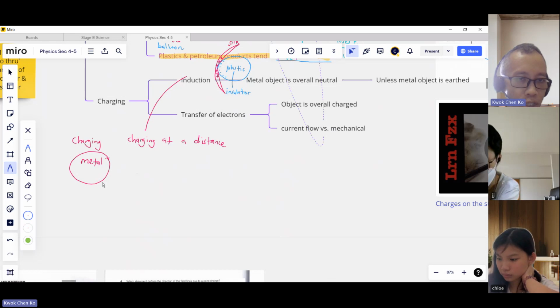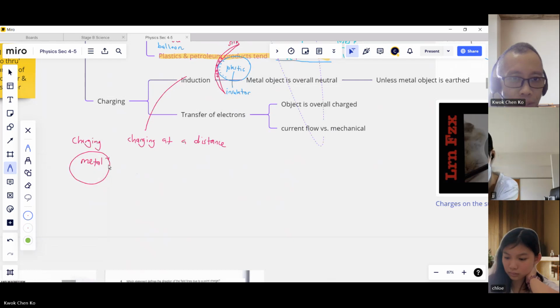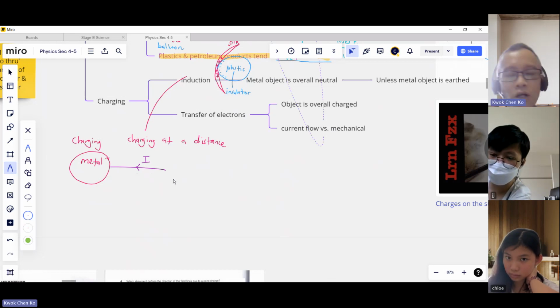If I want to charge a conductor, there are two ways. One is you send a current into it, or you link it to a current.